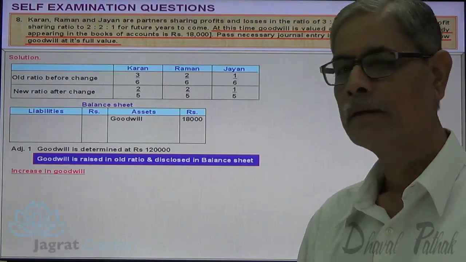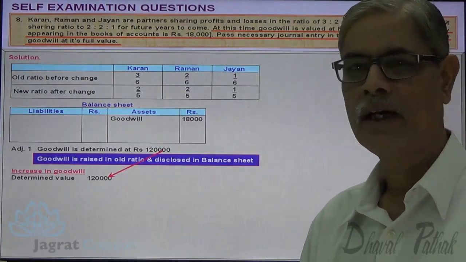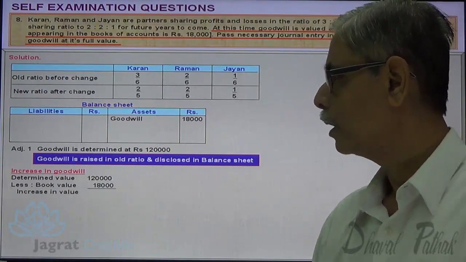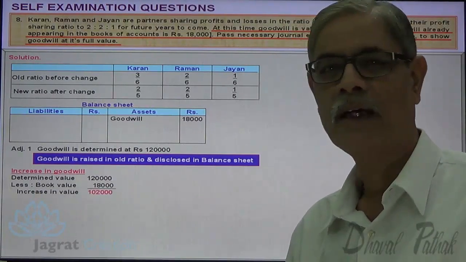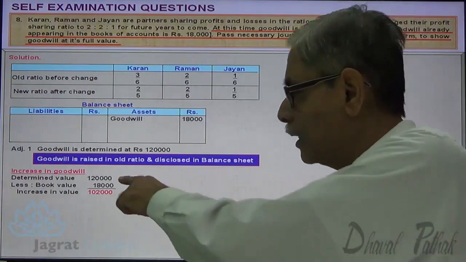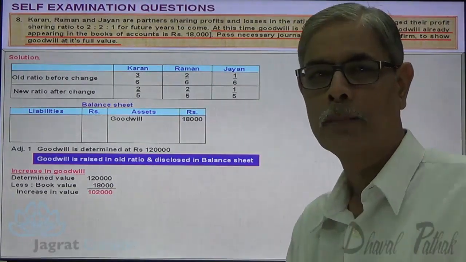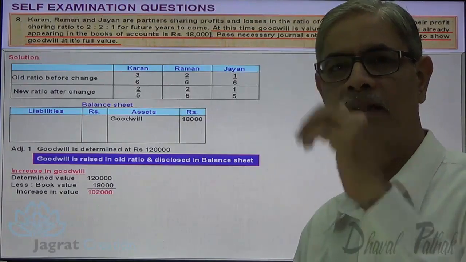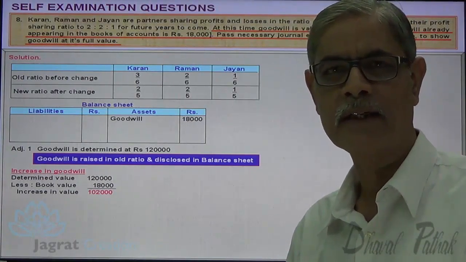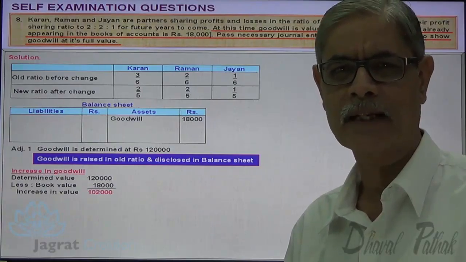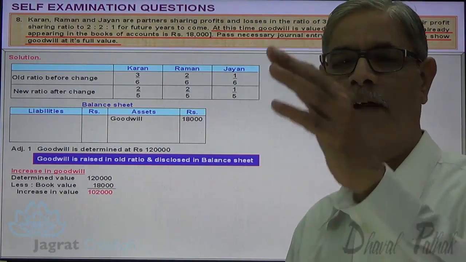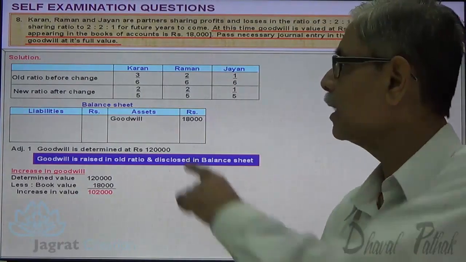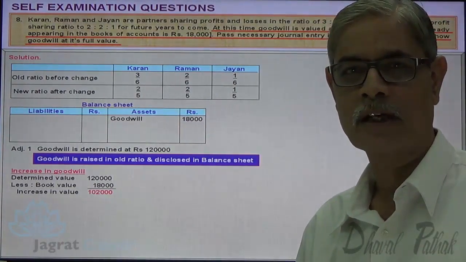Observe it. The determined value is 1,20,000, book value 18,000, increase in value 1,02,000. Now this increase in value will be distributed in the old profit sharing ratio, that is 3:2:1. When the goodwill is raised, there is an increase in value of an asset. Goodwill is an intangible asset. So the increase in value of the asset is to be credited to the partners' capital accounts in the ratio of 3:2:1. Observe the journal entry.